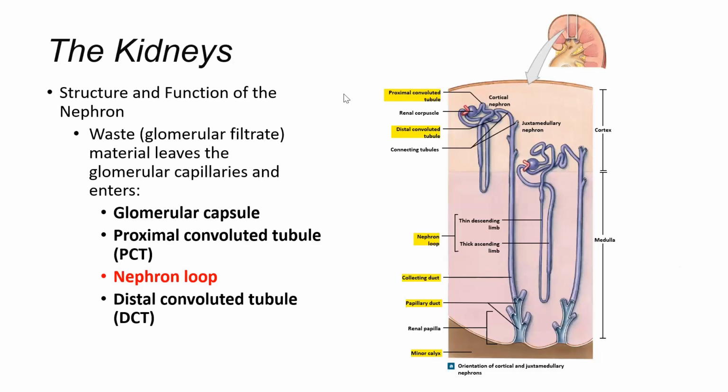So the structural and functional unit of the kidneys is called the nephron. This is where the waste, and when we say waste, this simply means what has been filtered out from the blood. So the backstory or the context for the renal system is basically the production of urine.